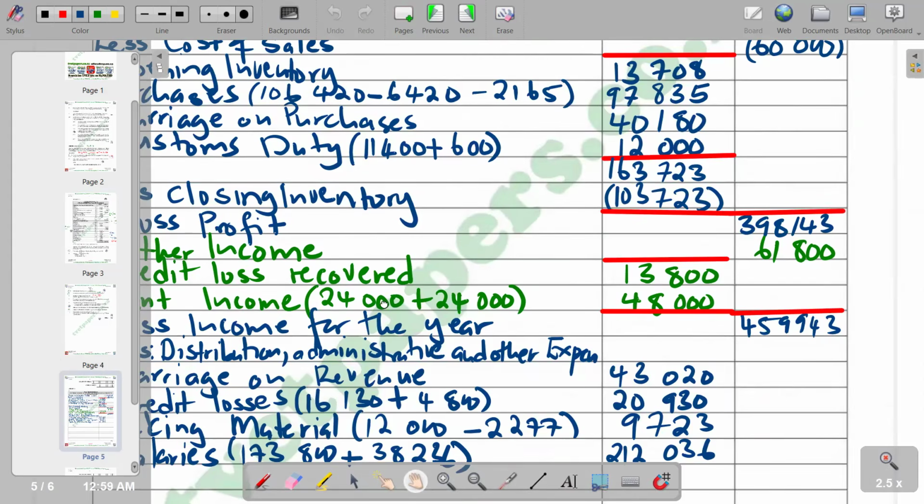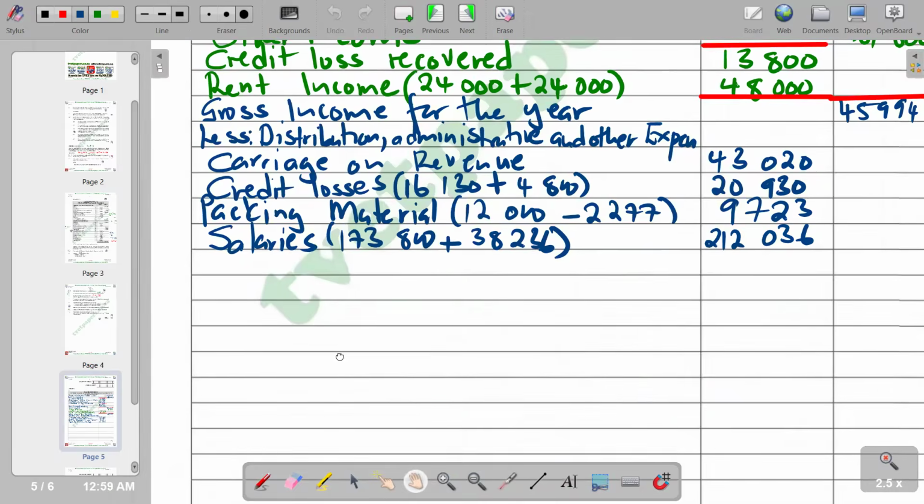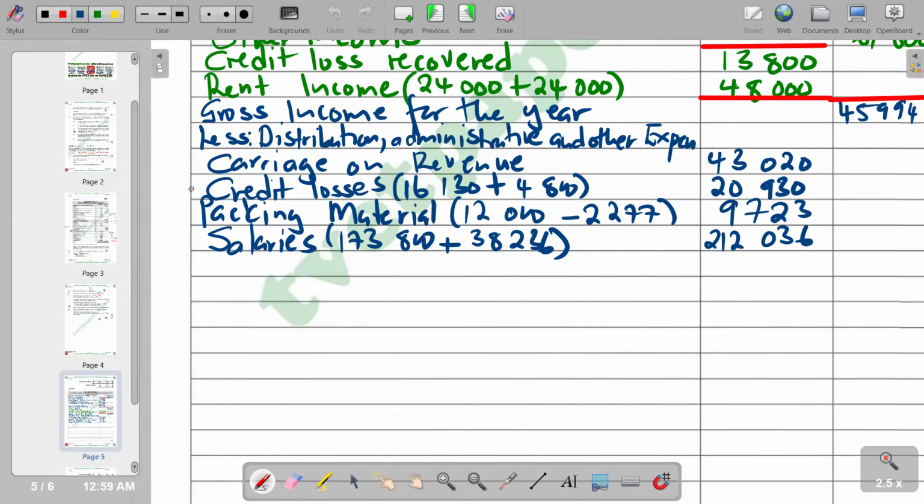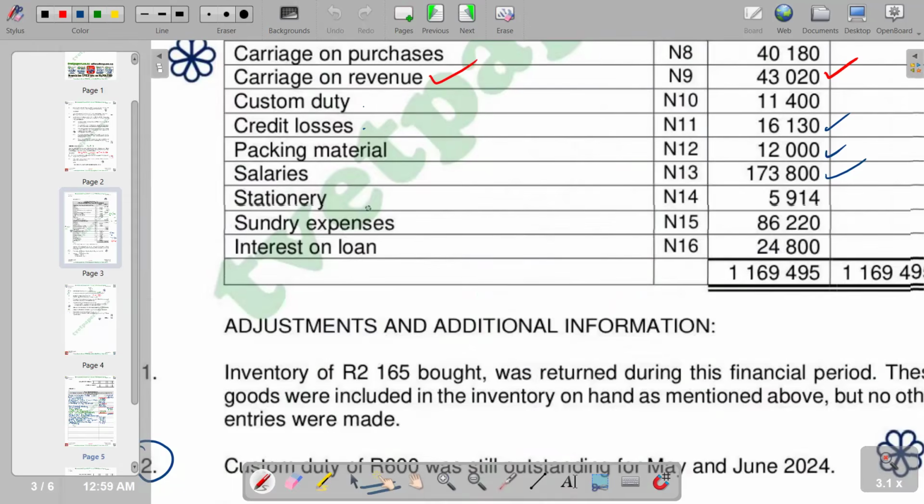So we come here. We now have stationery. At the stationery part, we have 5,914. Then after stationery, we have sundry expenses as an expense.